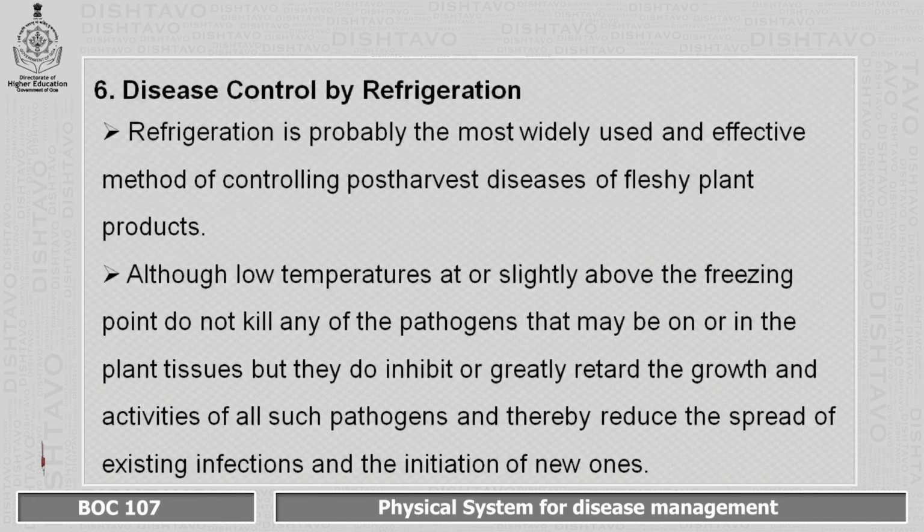Sixth is disease control by refrigeration. Now, refrigeration is probably the most widely used and effective method of controlling post-harvest disease of fleshy plant products. Although low temperatures at or slightly above the freezing point do not kill any of the pathogens that may be on or in the plant tissue, they can inhibit or greatly retard the growth and activities of all such pathogens and thereby reduce the spread of existing infections and the initiation of new ones.